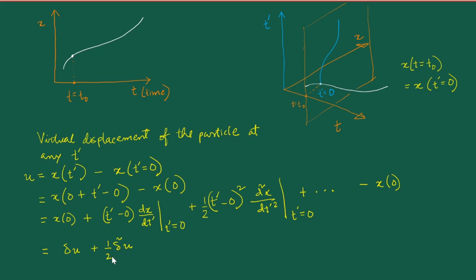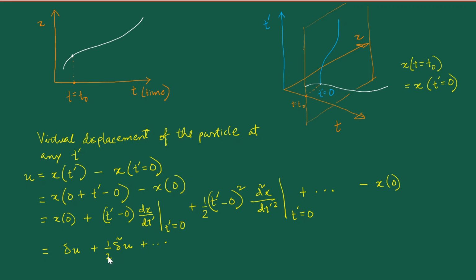So you see this delta u, this is the first variation of u, this is the second variation of u, and we have to use this kind of a depiction. It makes sense here because I have to write these higher order terms, I'm not writing them explicitly.